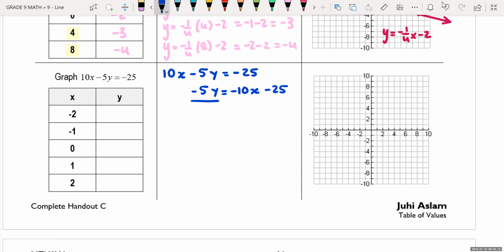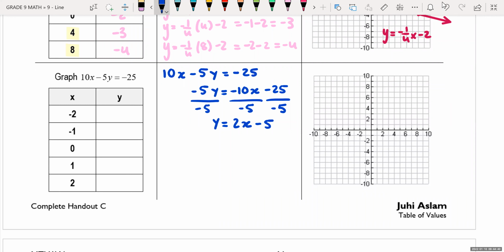It's going to be divide this by -5, divide this by -5, divide this by -5. -5 divided by -5 is just 1, which is great. That's what we want. -10 divided by -5 is 2x. And -25 divided by -5 is going to be -5.